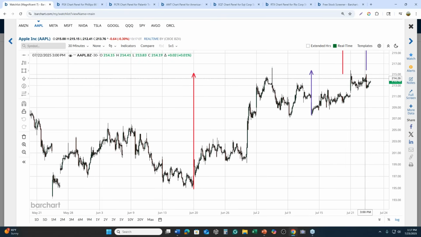This is called fractal recognition, a pattern inside a pattern. This is usually a very good sign that our pattern is going to play out. But again, what we need to wait for is our breakout, and the daily has yet to break out, and certainly the 30-minute time frame has yet to break out.